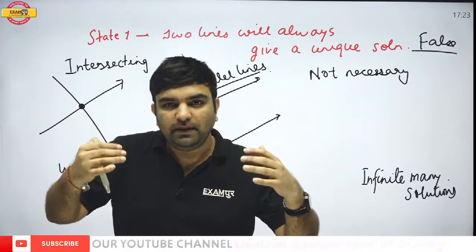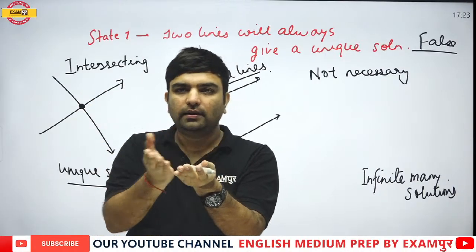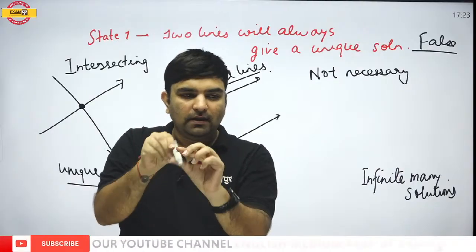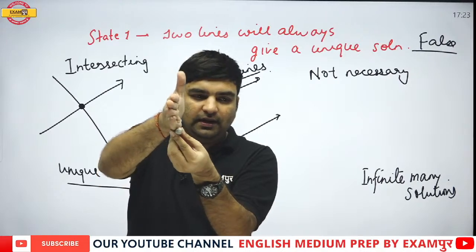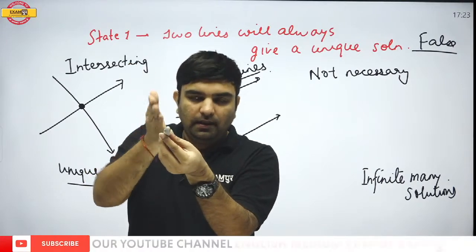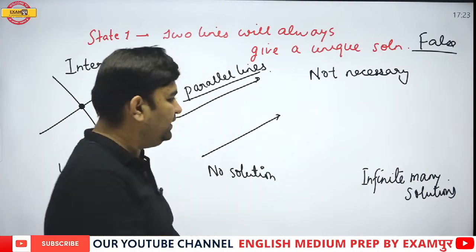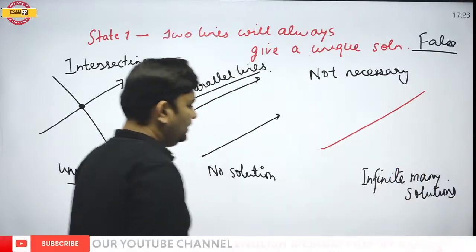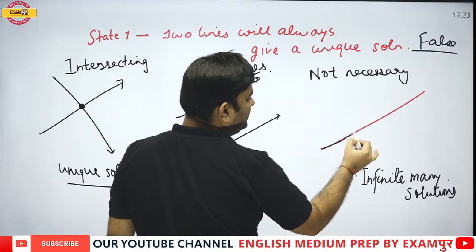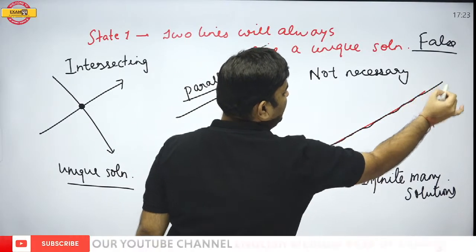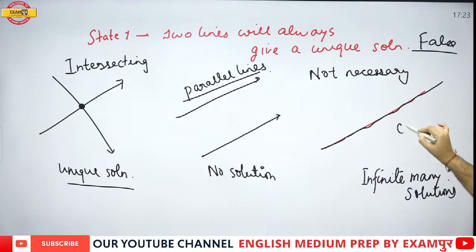And infinitely many points of intersection are only possible if they are one over another, if they are coinciding. If one is over the other, then only it is possible that they are intersecting at infinitely many points. So one line, and over it is another line. This is the case of infinitely many solutions.